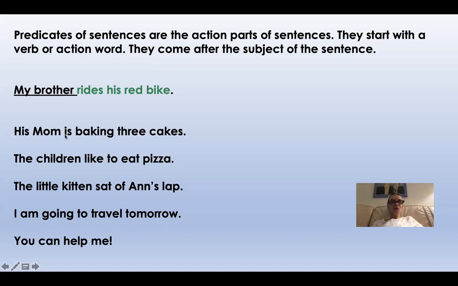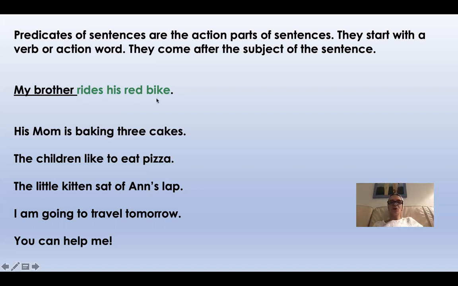Now just for this time I'm going to read the first sentence. My brother rides his red bike. As you noticed, I've used two different colors because I'm using black for the subject of the sentence. This sentence is about my brother. And what does my brother do? Rides his bike.